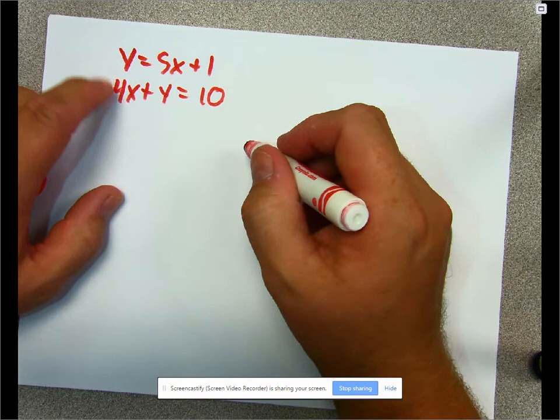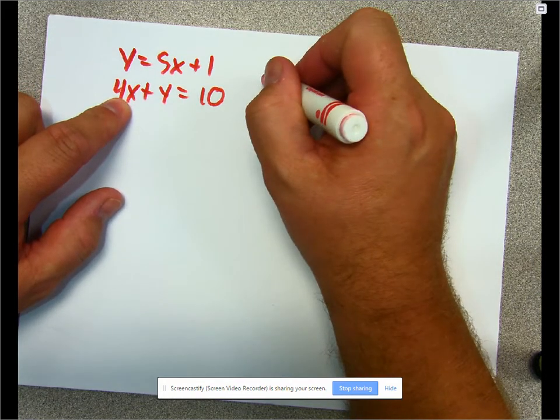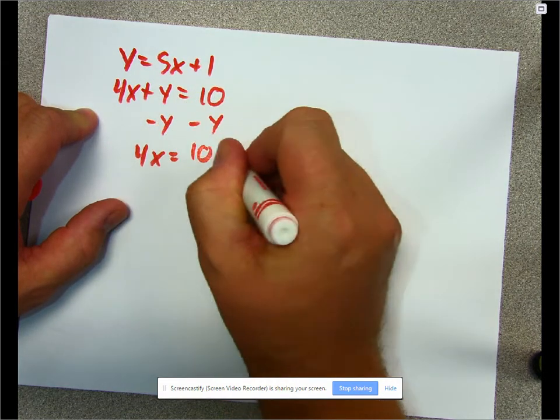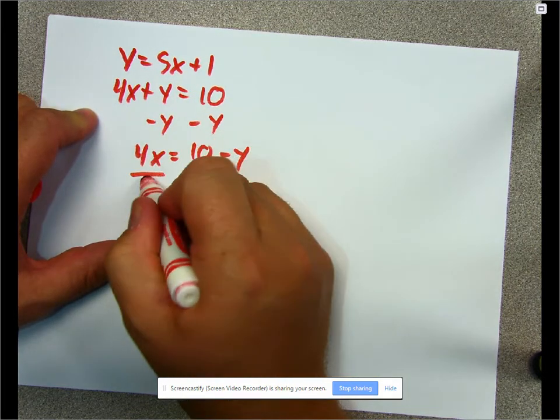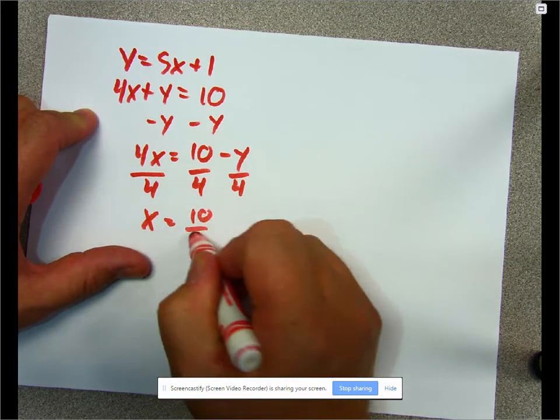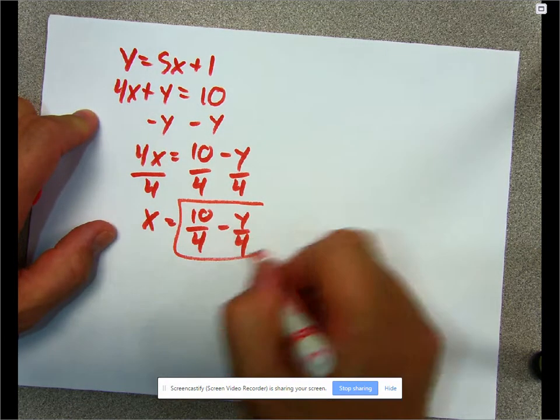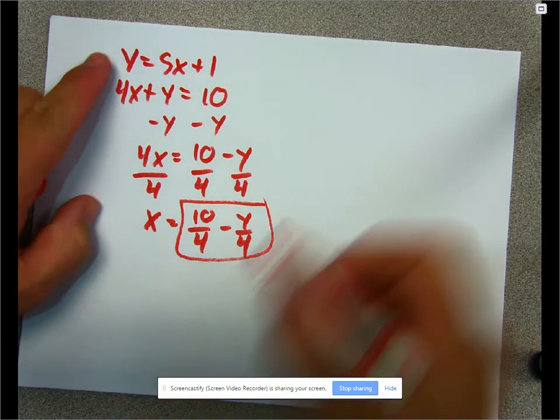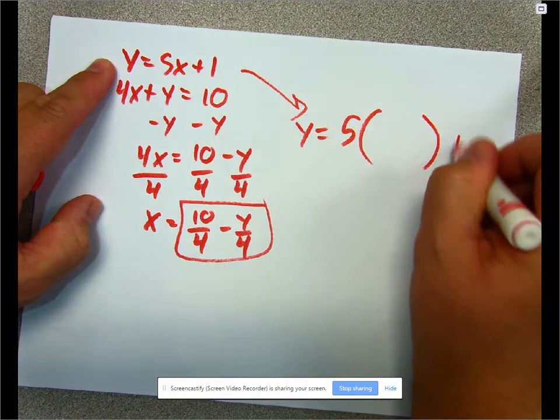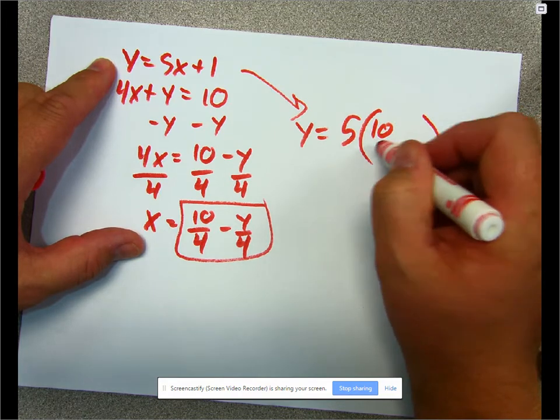In this case, let's get x by itself. Now, x is by itself and I can plug it in. The problem with this is I have all these nasty fractions now.